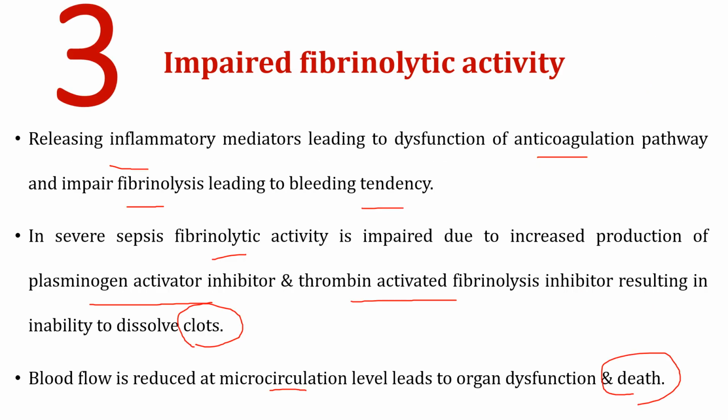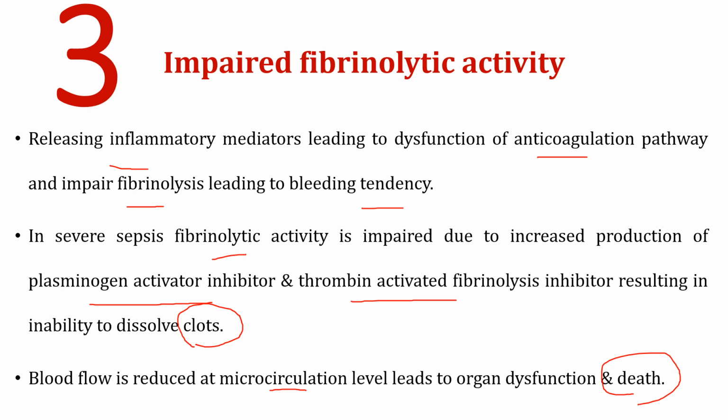Then the third response will develop. Over-release of these inflammatory mediators leads to dysfunction of the coagulation pathway and affects the fibrinolytic activity, which predisposes the patient to a higher bleeding tendency.